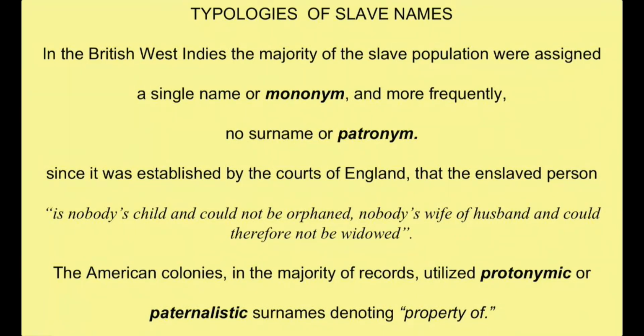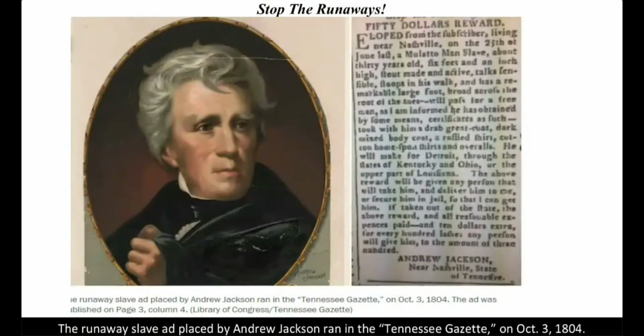But in the American colonies, however, there was by and large an exception, because the majority of the records utilized patronymic or paternalistic surnames, which denoted property of. Sometimes the enslaved people were left nameless, and we can see this in the ads.